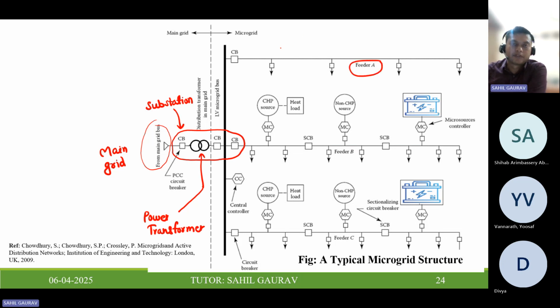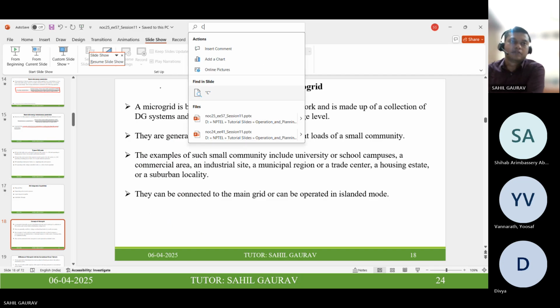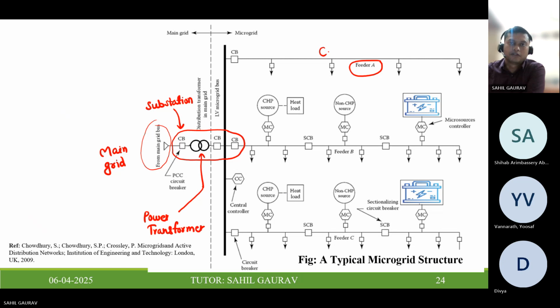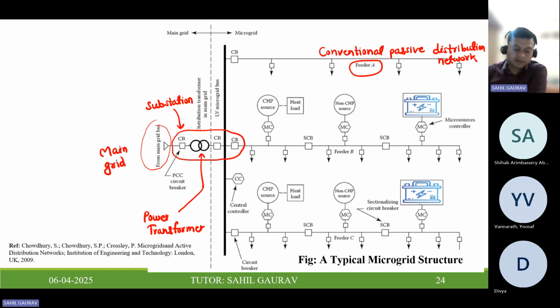So feeder A, passive distribution network.